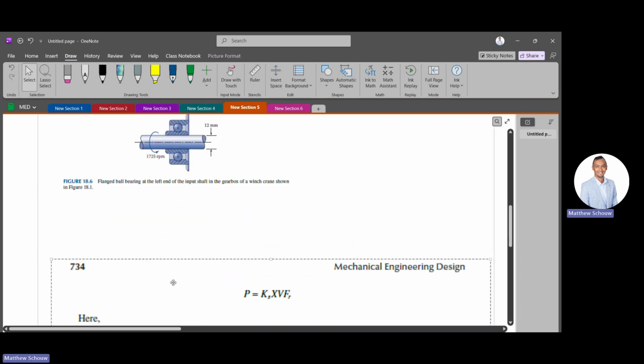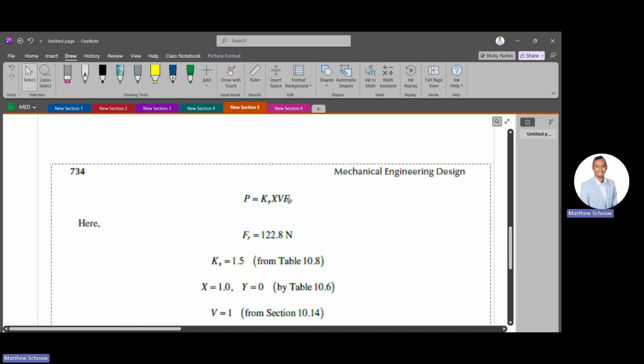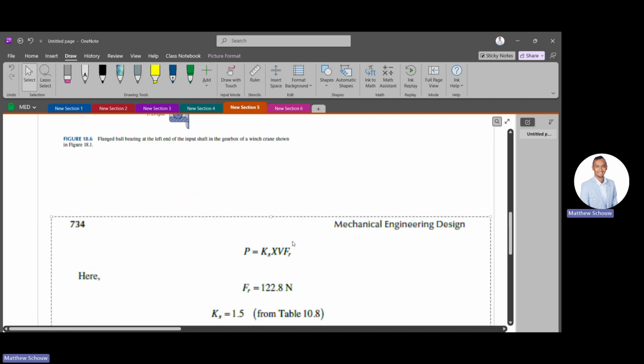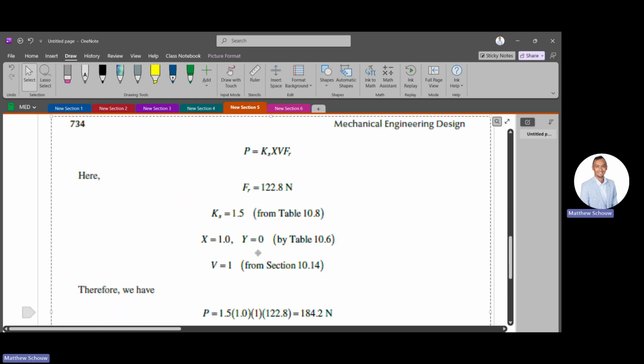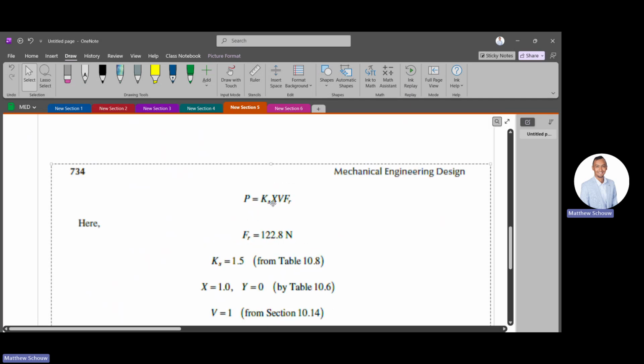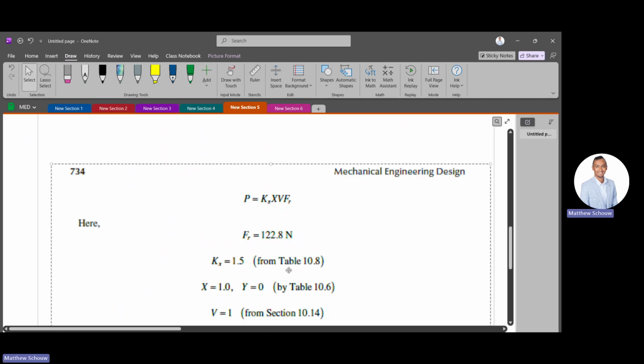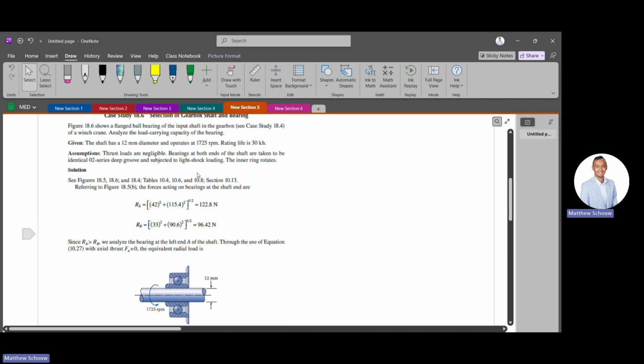So like that, our formula has been reduced. FR is 122. It's based on selecting which bearing that was. We take that formula. We've got our rotational factor V, where it's inner or outer ring. Within our service factor, we've also pulled, depending on the condition of what's happening here.